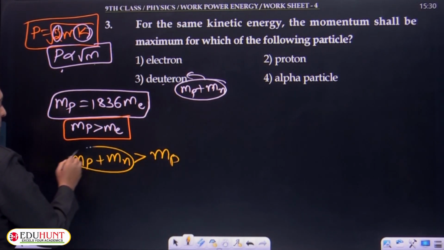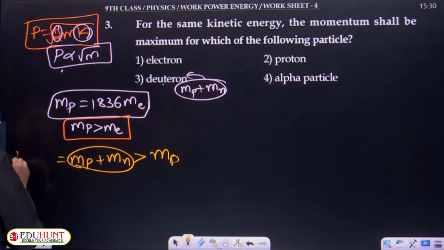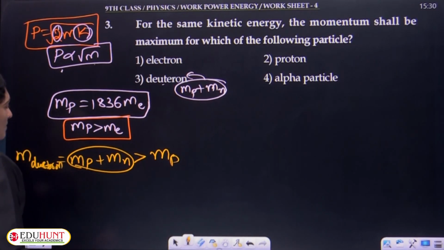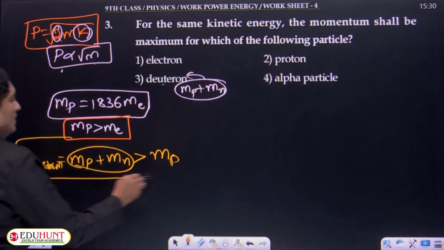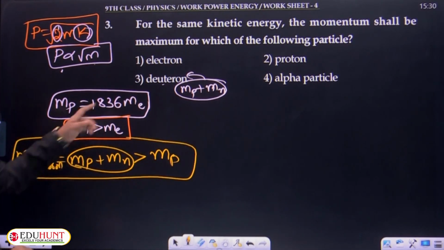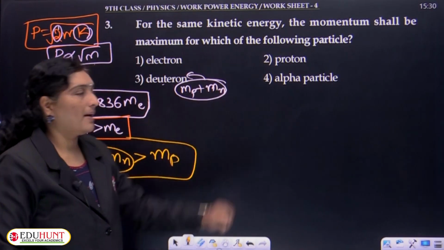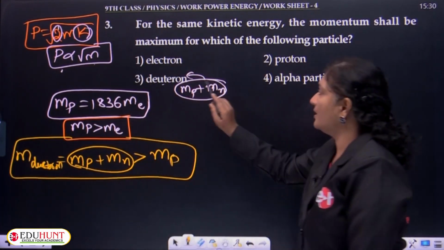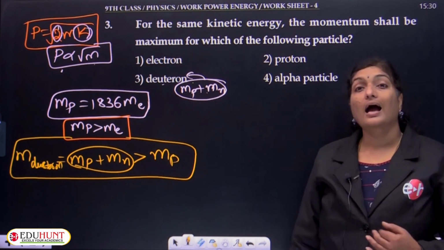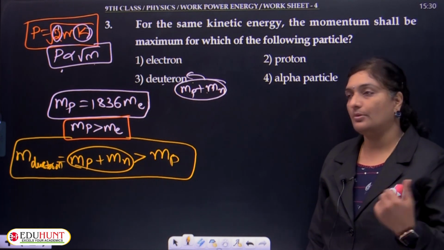And mass of proton plus mass of neutron is nothing but the mass of deuterium. So the mass of deuterium is greater than the mass of proton. Compared to electron and proton, deuterium has the highest mass, hence the highest momentum.